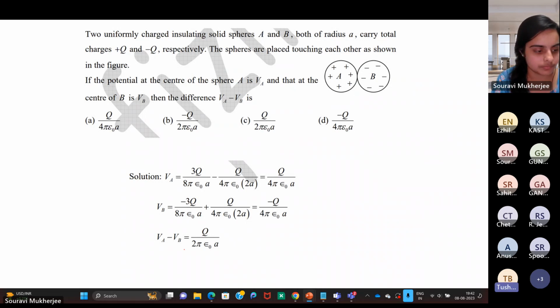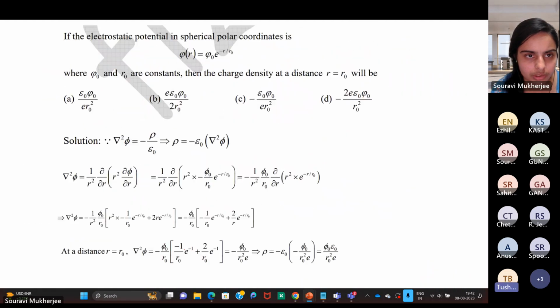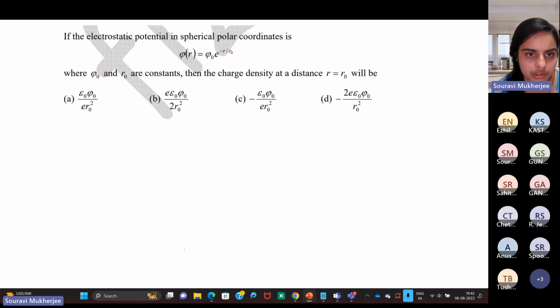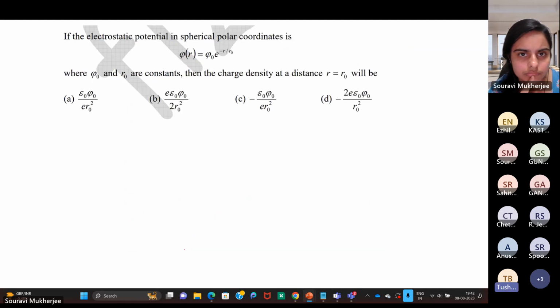For the question that we solved for the potential using Poisson's equation, I think it's the first or second question, where we have the function. We take the potential as a function of phi into e to the power minus r by r naught, right?